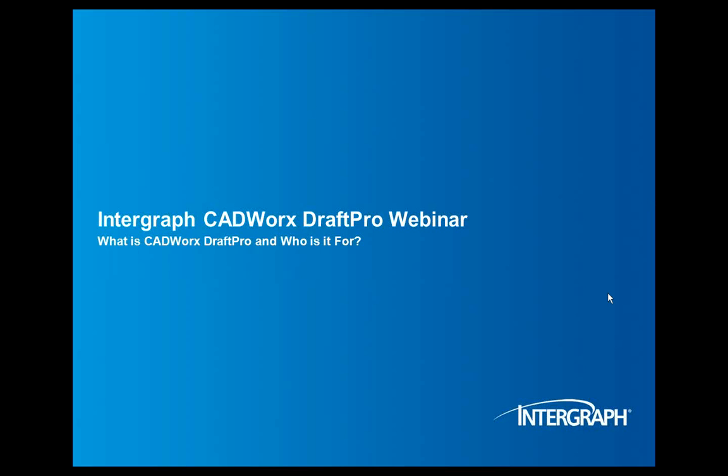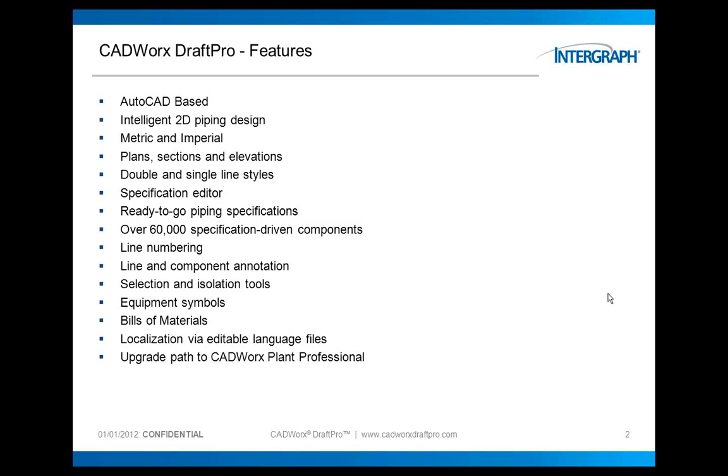Okay, DraftPro. What is DraftPro? CADWorx DraftPro, we are very happy to introduce you to this product. It's a 2D product. We just launched. It's one of the biggest product launches we've had, and we're very excited about it.